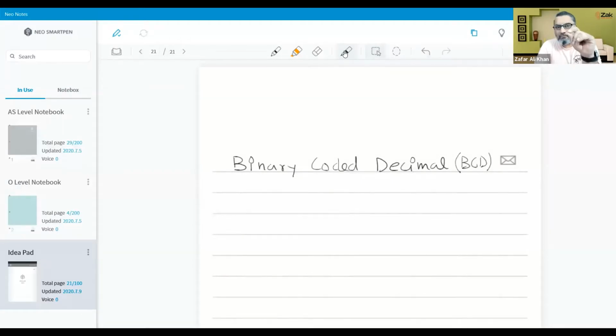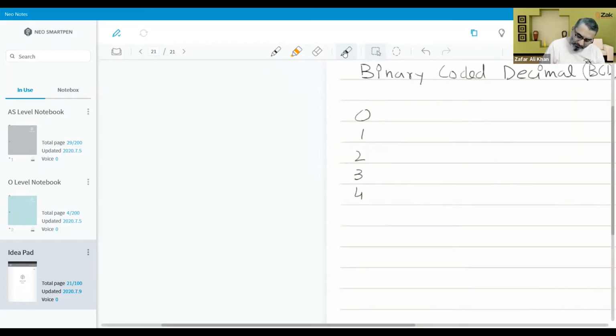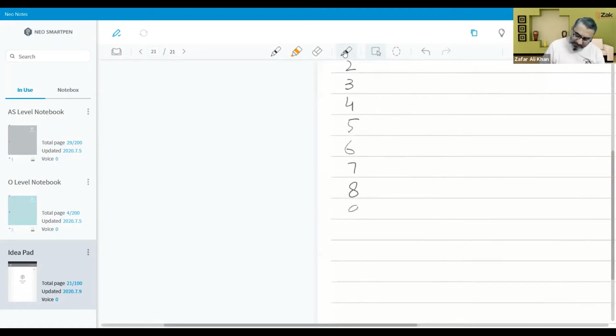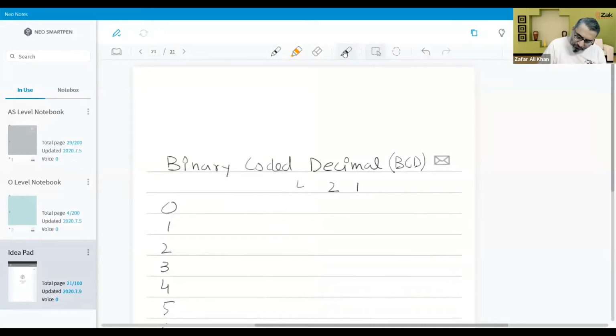So we have got 4 spaces, 4 bits to represent every digit in binary coded decimal. So we have got 0, we have got 1, 2, 3, 4, 5, 6, 7, 8, and 9. And we have got 4 bits: 1, 2, 4, and 8.